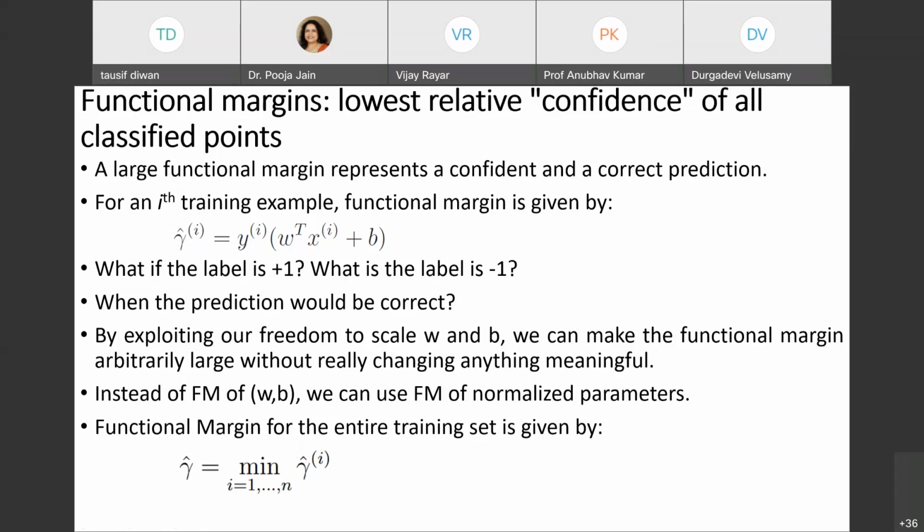Moreover, one more possibility is there. Instead of using W, we can use normalized W. Instead of using B, we can use normalized B. So we can use normalized parameters. The benefit of using normalized parameters is faster convergence of the model that we can achieve using SVM. So this was all about the functional margin.